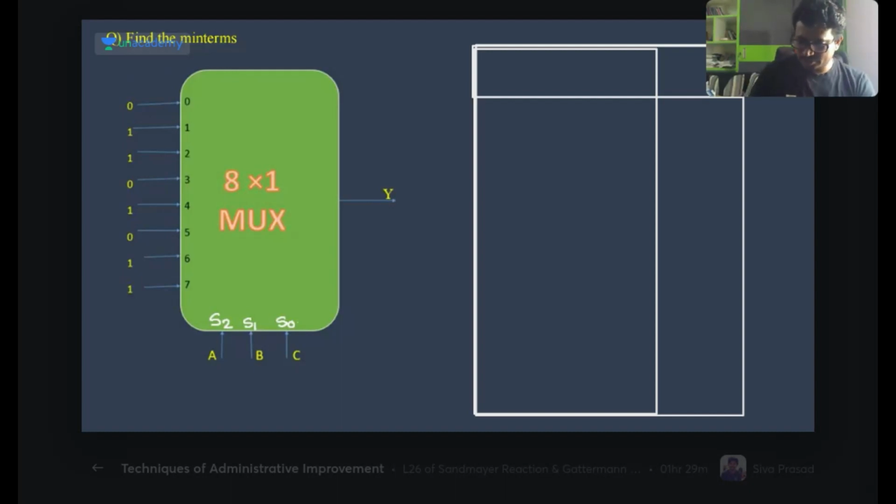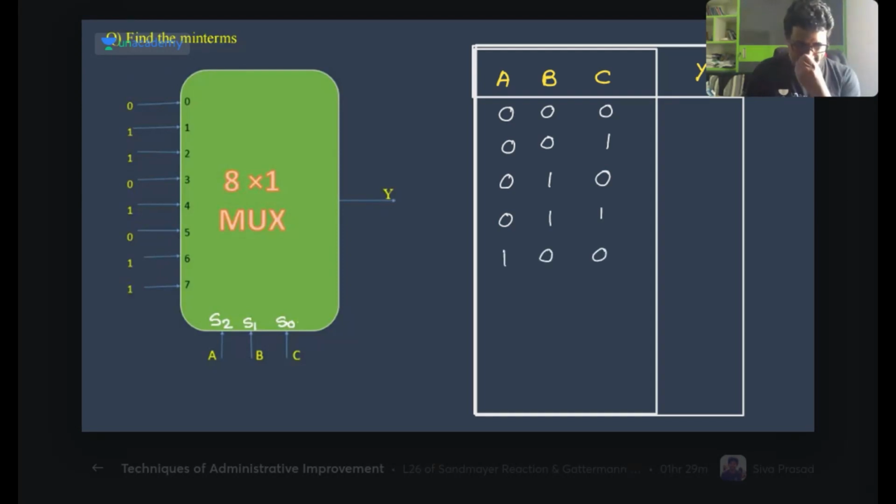Now these expressions are the minterms, and this is the connection they have given us. A, B, C are the select lines and Y is the output. Now you can tell me the combinations: 0, 0, 0, 0, 0, 1, 0, 1, 0, 0, 1, 1, 1, 0, 0, next 1, 0, 1, 1, 1, 0, 1, 1, 1.